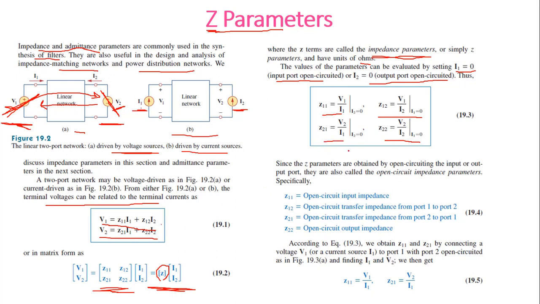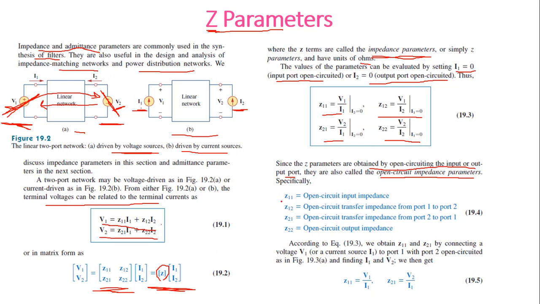So the Z parameters are obtained by open circuiting the output or input port, and they are also called open circuit impedance parameters.